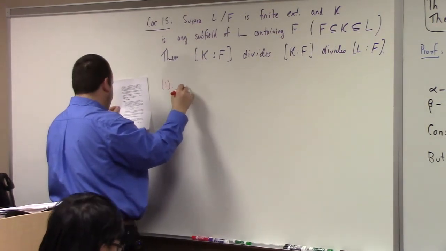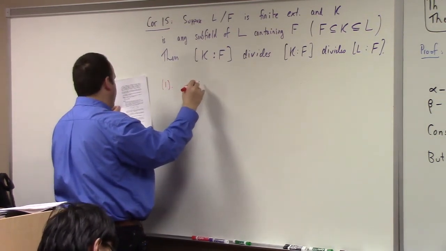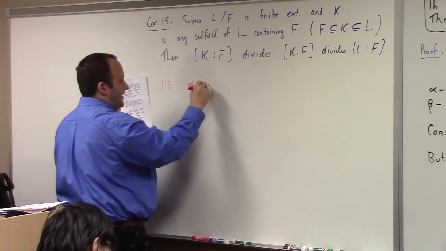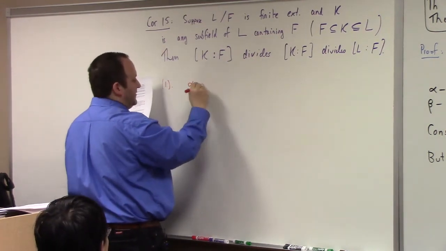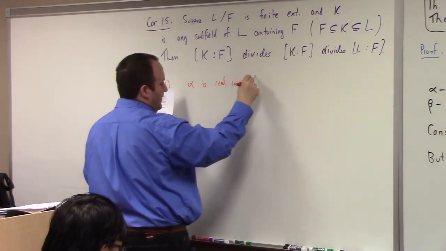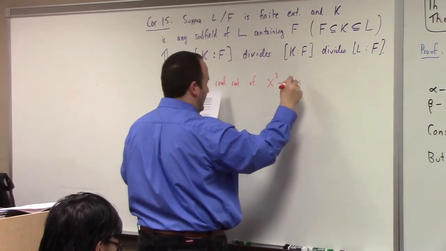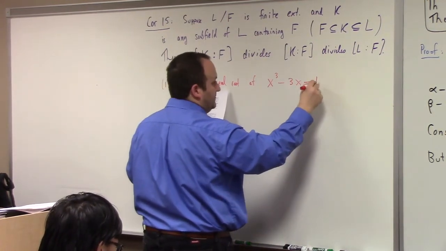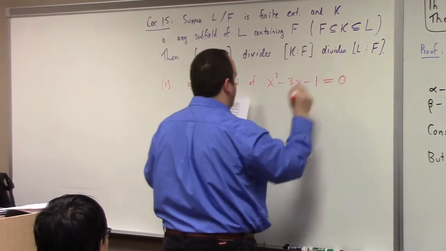So, of course, we have, if we say alpha, well, alpha is a real root of x cubed minus 3x minus 1 equals 0.